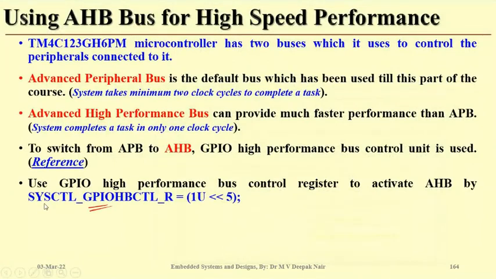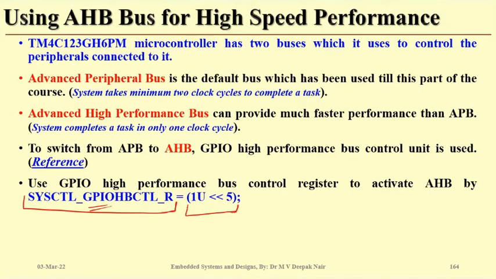Okay. And don't worry about this particular register right now. This is taken from the header file. We will come to that. Now, this command, I believe you remember what this command is doing here. This command is used for which purpose?